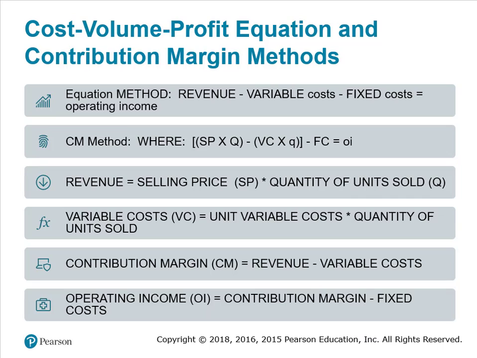If we dissect the basic equation, it helps to emphasize the relationships between the elements, and understanding those relationships will provide a greater understanding of the concepts that follow, such as break-even. We can look at these relationships in three different ways. The equation method and contribution margin method are two of the three methods, and you'll see them on this slide, and then we'll discuss the graph method a little bit later.